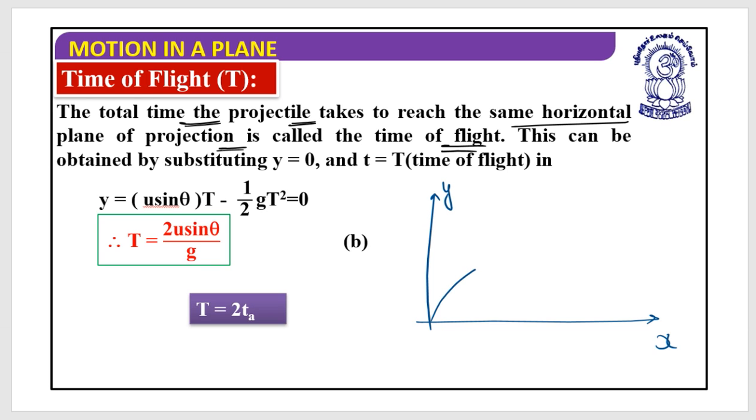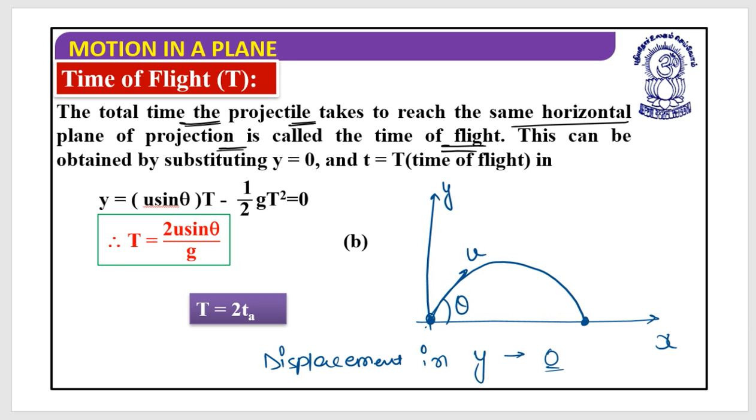I have thrown my projectile from here and it is going to reach here. This is its total journey, thrown with u and angle theta. When it reaches the same horizontal plane, its displacement, please note this, I'm talking about the displacement in y, is 0. Because it started in the y dimension from here and ended on the same level.